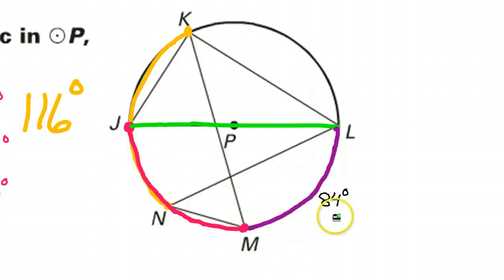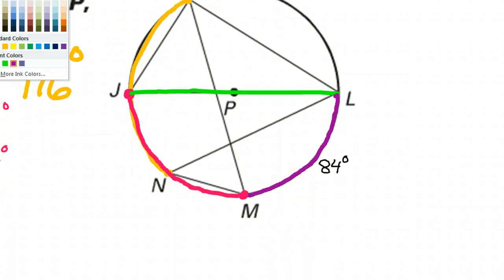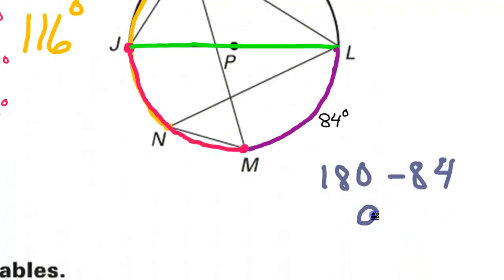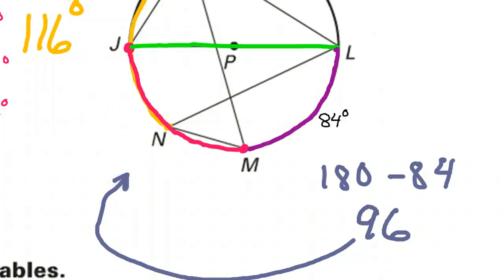So all I have to do is subtract 84 from 180. We've done this before. 180 minus 84 gives me 96. So arc MJ is 96 degrees. If you add them up, it makes 180, as it should.